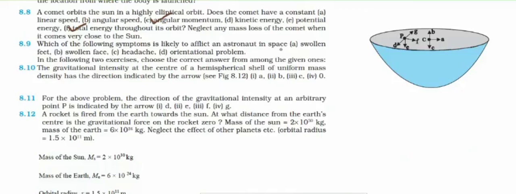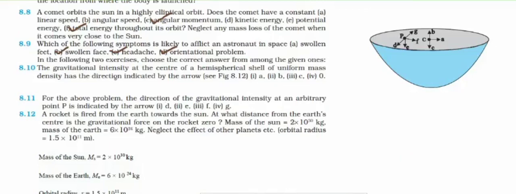So in such a situation, as more blood is reaching the brain, there is a possibility of swollen face because more blood is moving upwards. So you can have headache because of the same reason, and also you may have the orientational problem also.